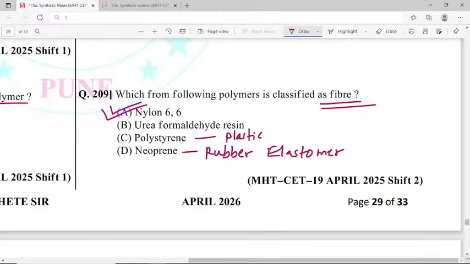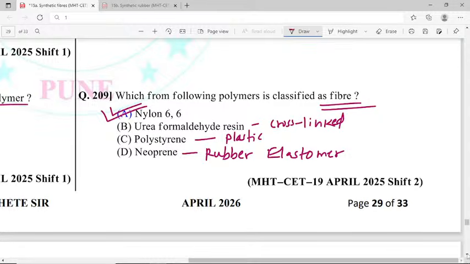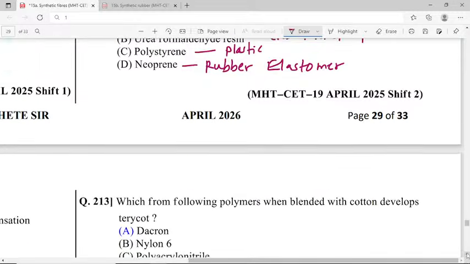Urea formaldehyde resin is again a cross-linked polymer, and this is again plastic. So B and C are plastic, D is rubber. Rubber stands for elastomers.